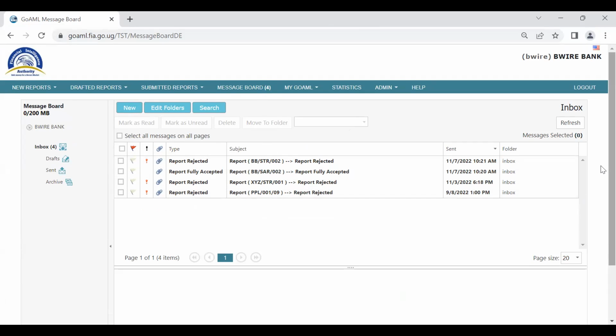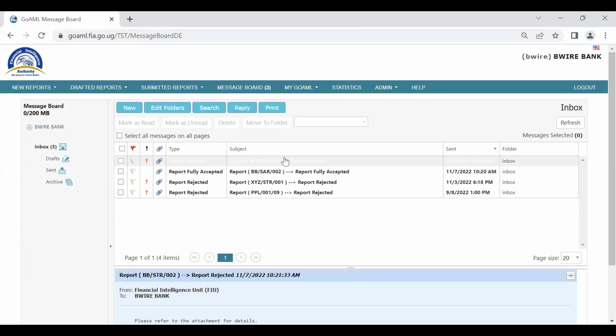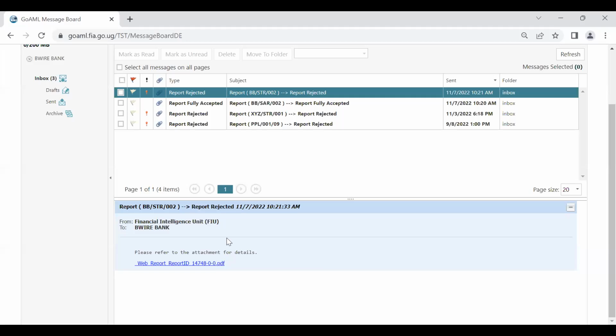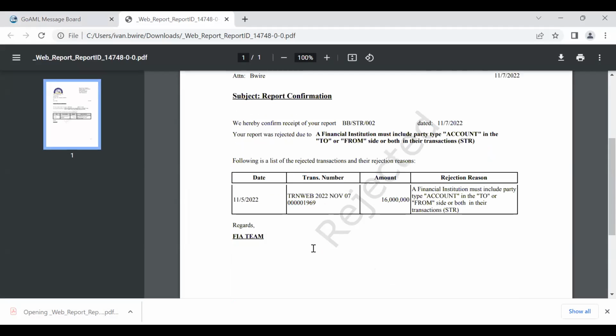Majority of these are messages that come whenever you submit a report, which you can click. At the bottom, you find a PDF. Attachments will always be at the bottom. This one is telling me why the transaction was not successful.